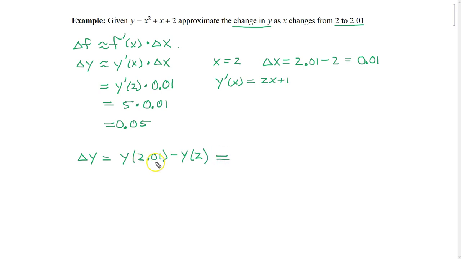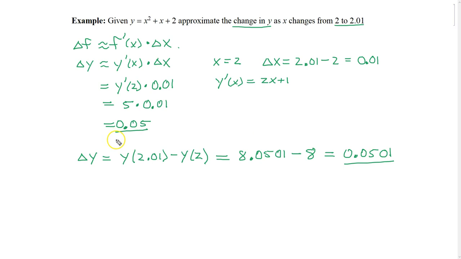And putting 2.01 in for x up here, we get, and then y of 2, putting 2 in here for x, we get 8. And of course this evaluates out to, and so here is the exact change in y as x changes from 2 to 2.01. And notice that our approximation is very close to the exact change in y.